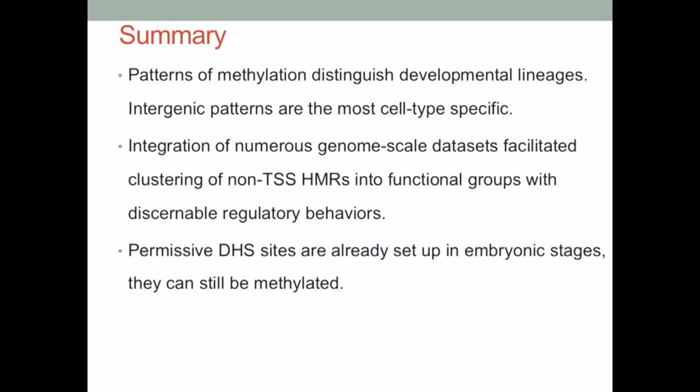And permissive DHS sites seem to already be set up in embryonic stages, but even though they're hypersensitive, they can still be methylated. And we'll have one more thing to show you after this. And transcription seems to be a hallmark of active IHMRs, which we would describe as putative enhancer elements.